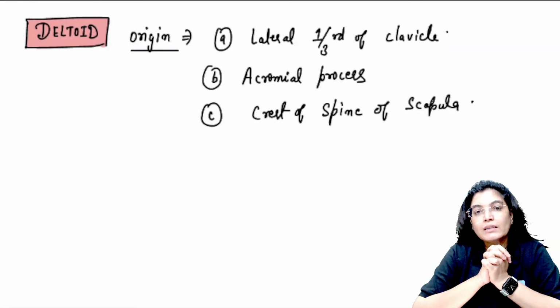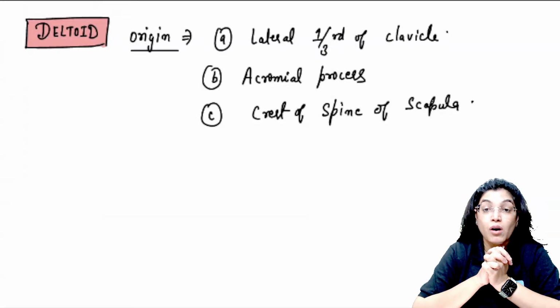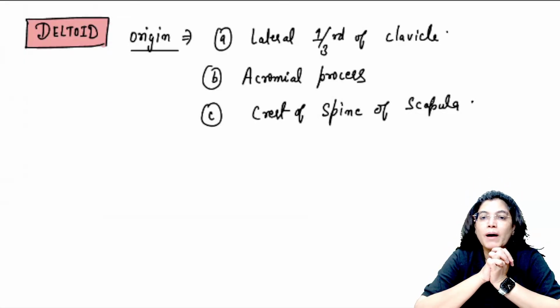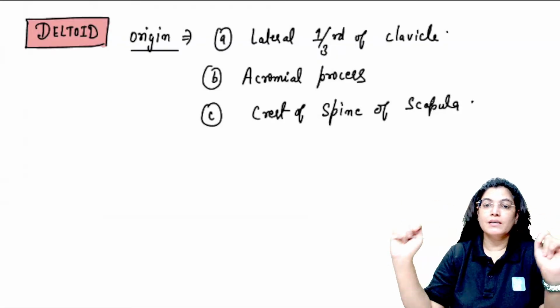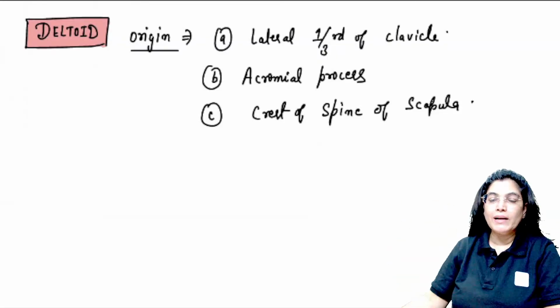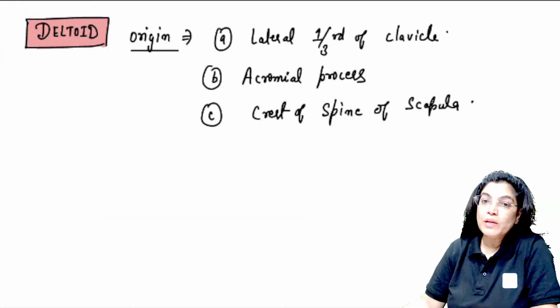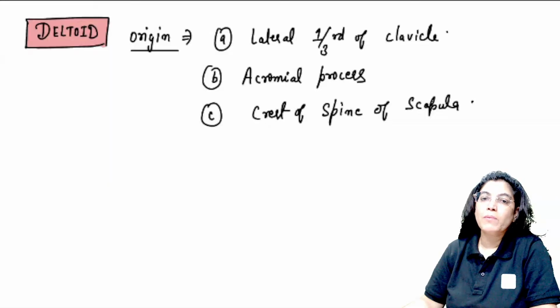The middle fibers are called the acromial fibers, the anterior fibers are called the clavicular part, and the posterior fibers are called the spinous part. The anterior and posterior parts of the deltoid muscle are unipinnate, but the acromial or middle part is multipinnate morphologically.